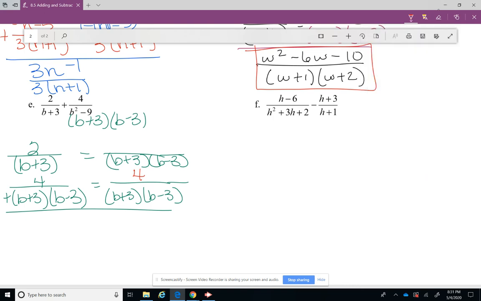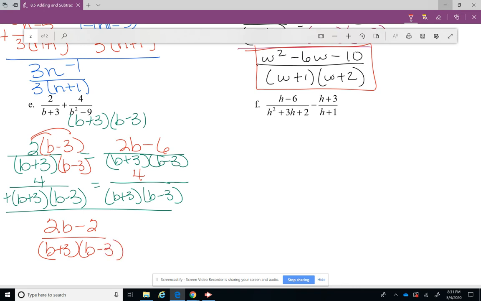For this top one, we multiplied by b minus 3, so we're going to have to multiply by b minus 3. So we're going to distribute. 2 times b is 2b, and 2 times negative 3 is negative 6. Now we're going to combine like terms. We have 2b, and then negative 6 and 4 make negative 2, all over b plus 3 times b minus 3. And that's going to be your answer.